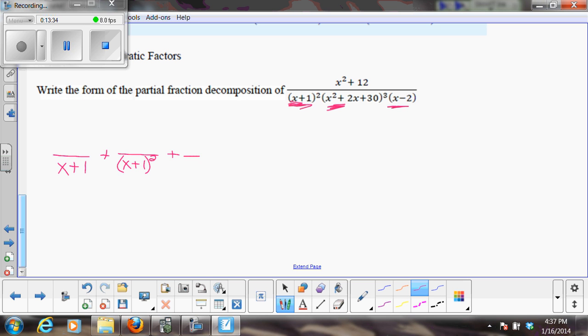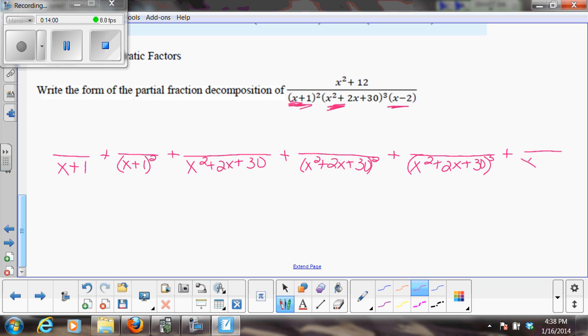And then we do x squared plus 2x plus 30. But because it's a repeated value, now we do x squared plus 2x plus 30 squared. We're not done because it goes to the third. X squared plus 2x plus 30 cubed. And then the last one is an x minus 2.